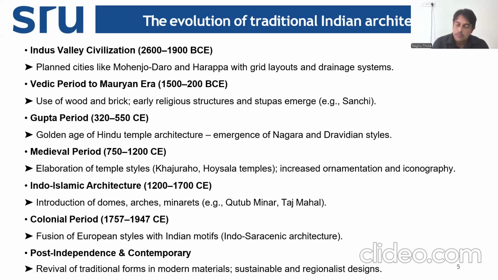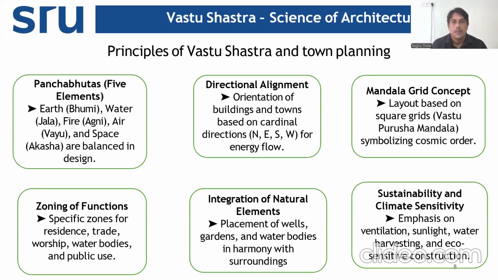So they implemented their own style of construction during the British time. Post-independence and contemporary: revival of traditional forms in modern materials, sustainable regional designs. So what is modern construction? We have adopted the ideas from ancient architecture and we are implementing them with new methods. So this is in brief about the evolution of traditional Indian architecture.